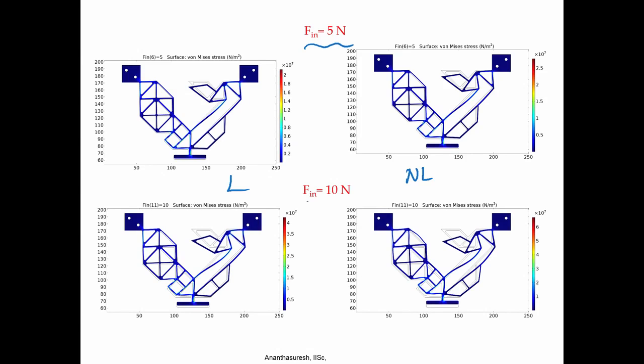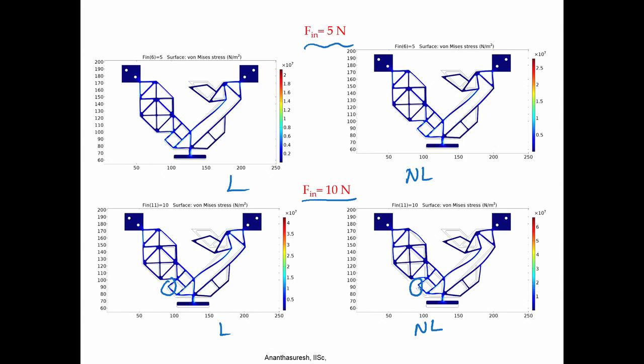If I increase the force to 10 newtons, then we can start seeing, this is linear, this is nonlinear, there are some differences, but not so apparent even at this point. You can look especially at this region. This has a lot more displacement compared to the linear case. Other places also show some differences.